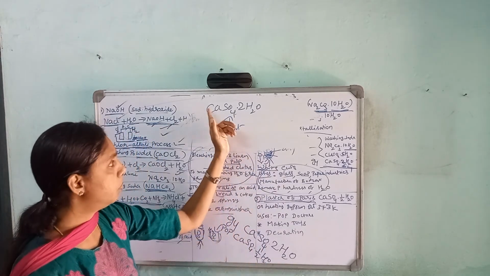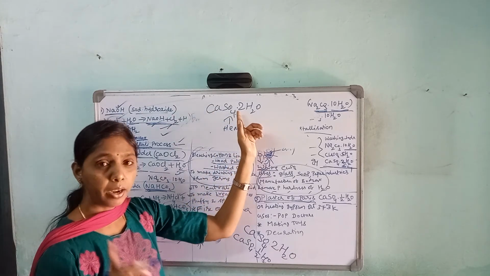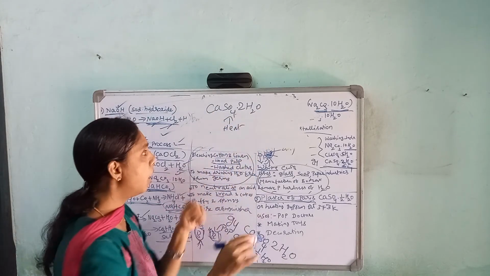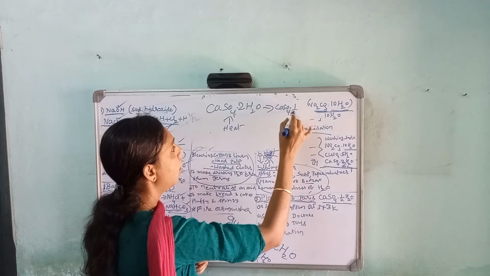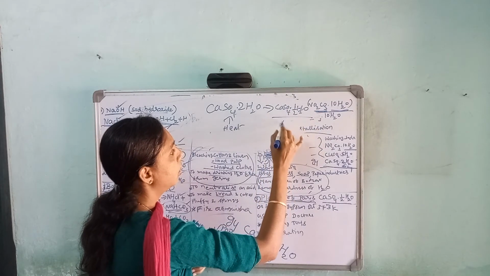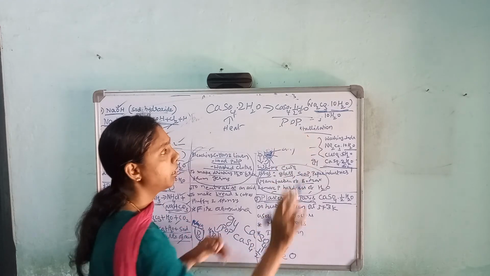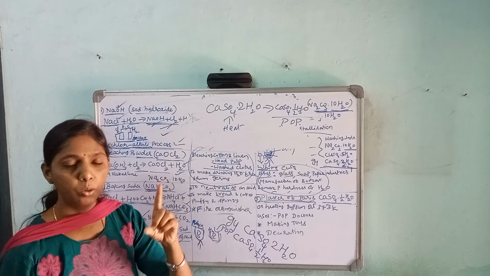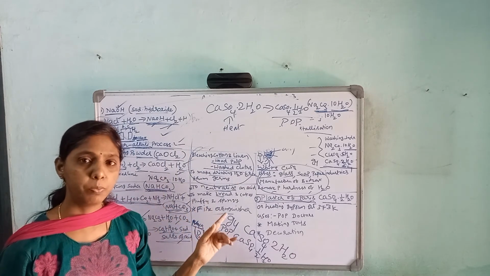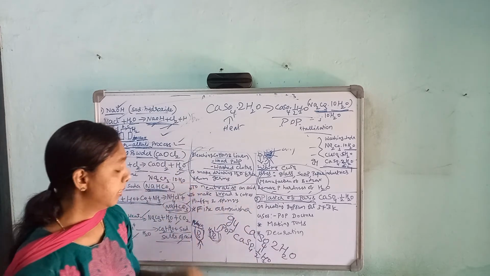On heating, gypsum loses 1.5 molecules of water and gives CaSO4 half H2O. This is called POP, plaster of Paris. So this is the method of preparation of plaster of Paris from gypsum. Don't get confused with the formulas of gypsum and plaster of Paris.